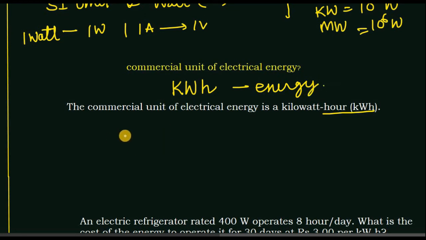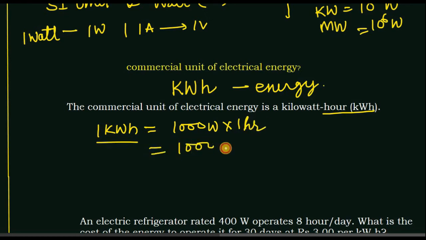Sometimes it is asked in the question, convert 1 kilowatt hour into joules. So how to convert 1 kilowatt hour into joules? 1 kilowatt hour equals 1000 watt into 1 hour. 1 hour equals 60 into 60 seconds.